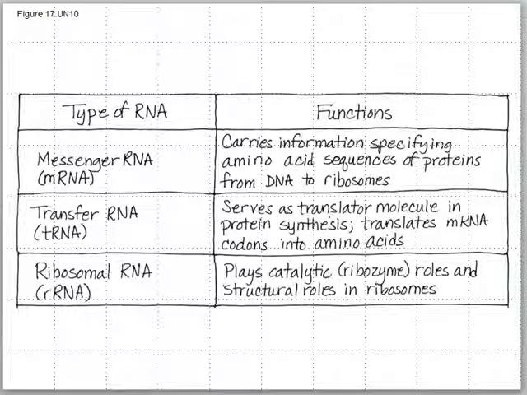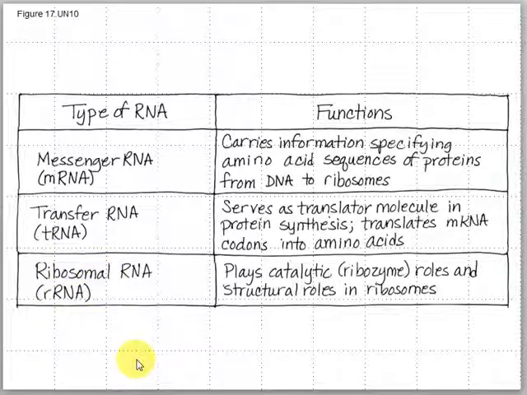So we have our three types of RNA here. Messenger RNA carries information specifying the amino acid sequence of proteins from DNA to ribosomes. We have transfer RNA, which we're still talking about now, serves as a translator molecule in protein synthesis, translates messenger RNA codons into amino acids, attaches to specific amino acids, and has an anticodon tail that then attaches to the codon of the messenger RNA.